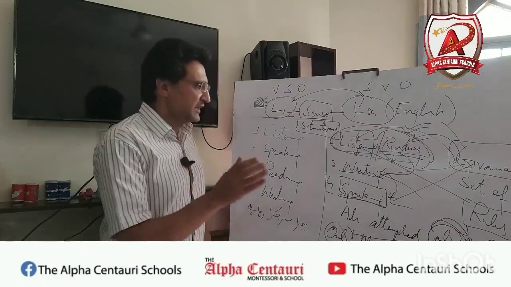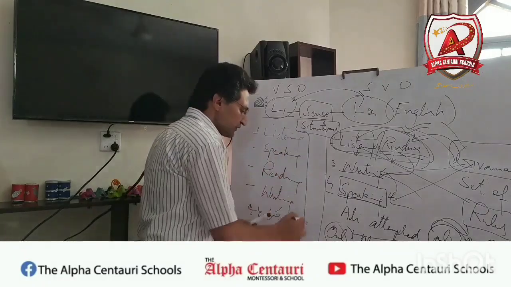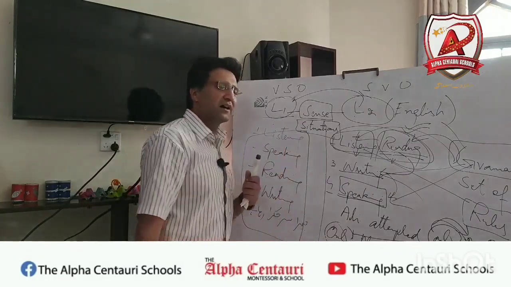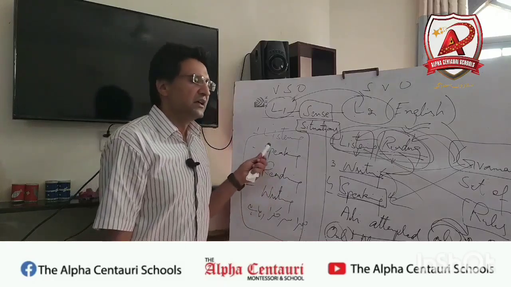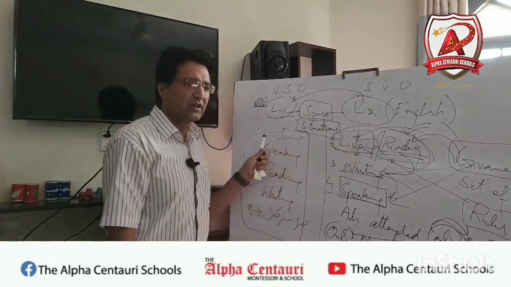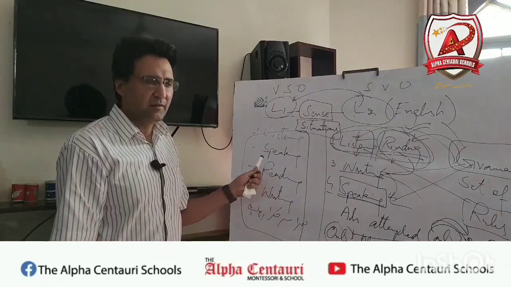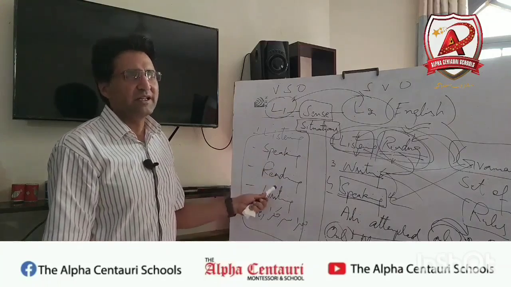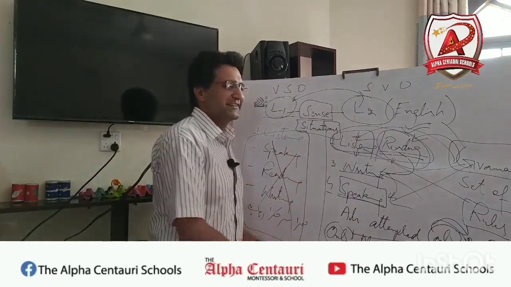So the first thing, this problem was there: this sequence was not there for our children. This sequence is not there for the children who are learning L2. This was for L1. And mistakenly it is usually discussed, but even if it is discussed, it is not implemented.